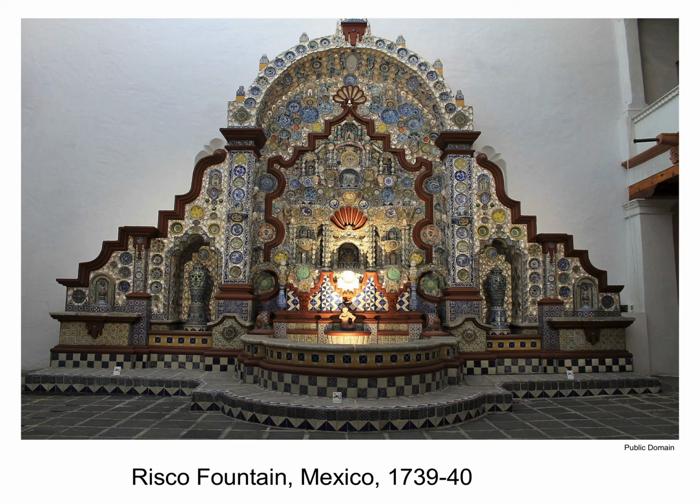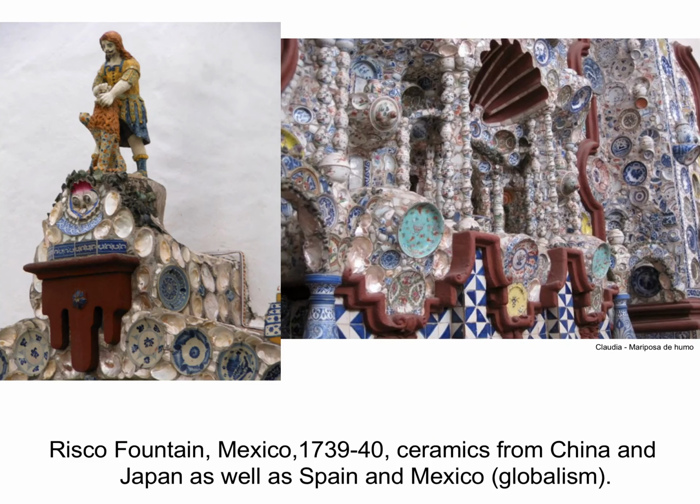But those that stayed in Mexico and were chipped or damaged were recycled in the making of the Risco Fountain, which also incorporates elements from Europe brought to the New World and elements built on site in Mexico City. So it is a mixture of American, European, and Asian objects all jumbled together in this wonderful composition called the Risco Fountain.